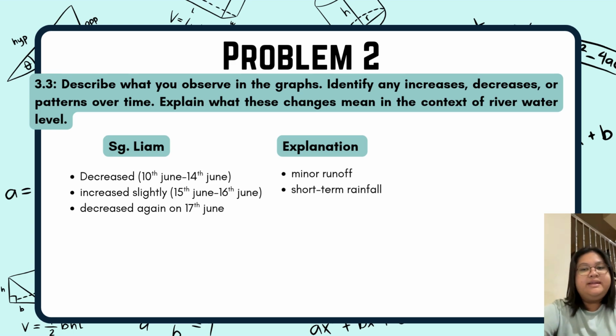I chose Sungai Liam, and Sungai Liam decreased from 10 June until 14 June, increased slightly from 15 June until 16 June, and decreased again on 17 June. The explanation for the changes might be minor runoff or short-term rainfall.